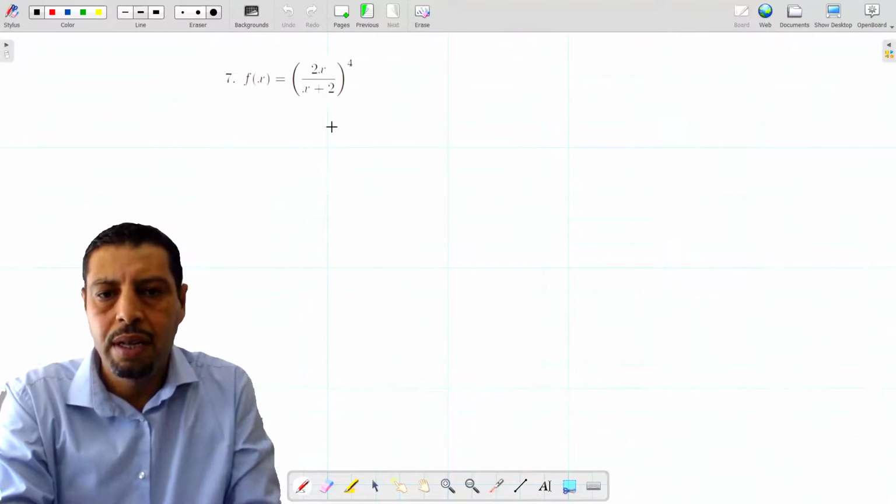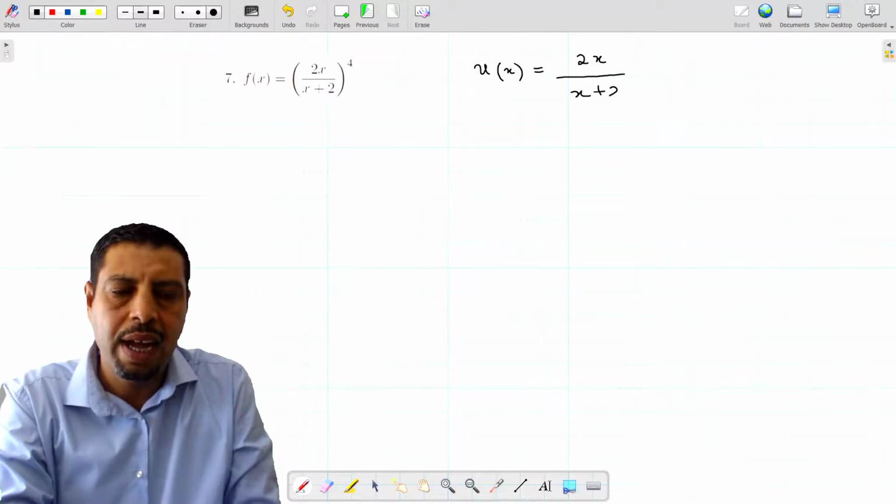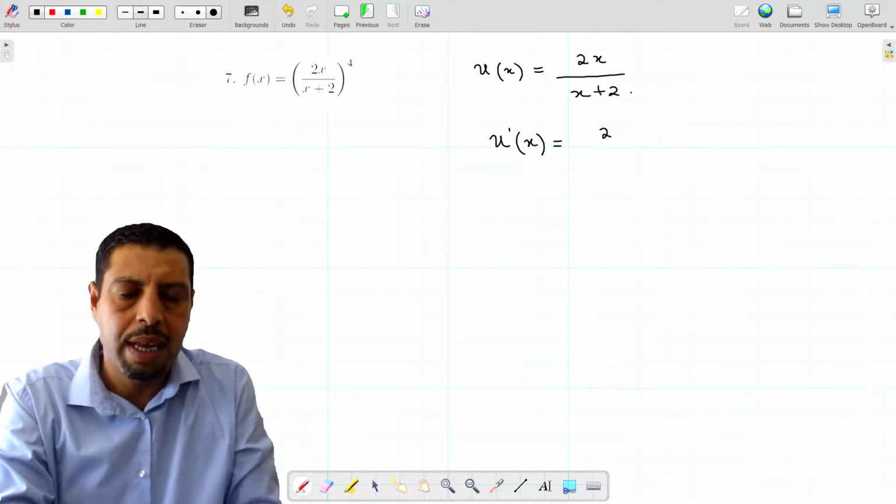Next one, we have f of x equals (2x over x plus 2) to the power of 4. Here we're going to apply the power rule, but the function inside is a quotient. So first of all, let's set u of x, which is 2x over x plus 2, and find its derivative. First, u prime of x is equal to 2 times (x plus 2).